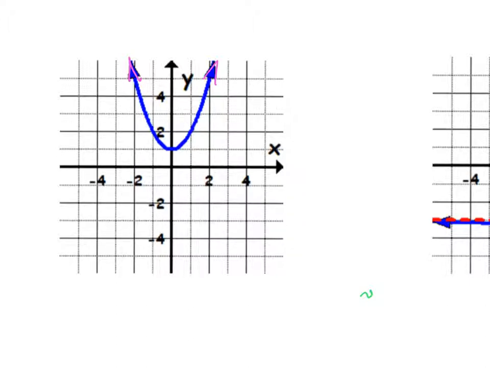So if I'm looking at my domain, I have negative infinity to positive infinity. You can also write that as x is all real numbers. So that little sign that looks like an R with another line, all real numbers, means there's no restriction on x.